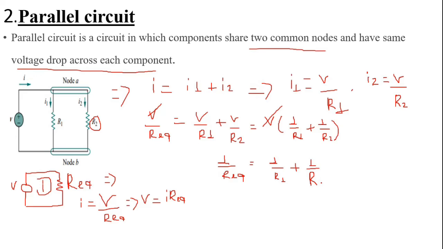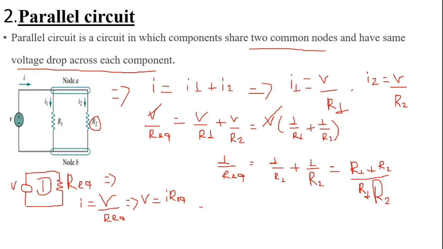This can be written as R2 plus R1 over R1 times R2, that is, over the product of the resistors.